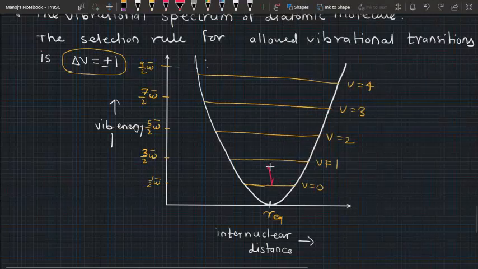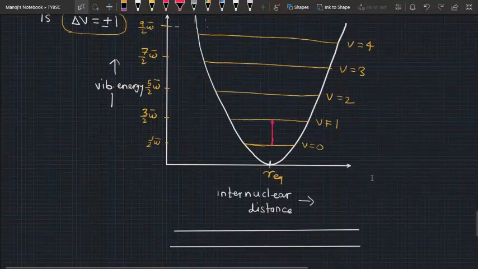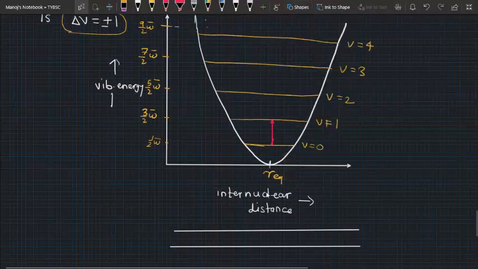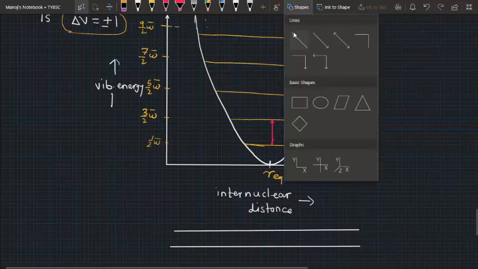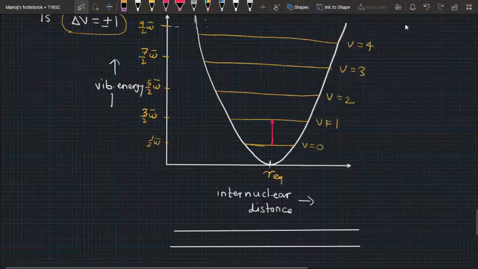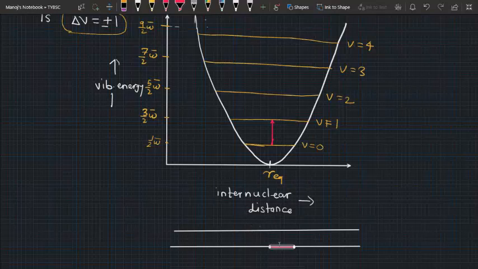This is my first transition, so the corresponding vibrational line will be observed here. So this is the first vibrational line observed.